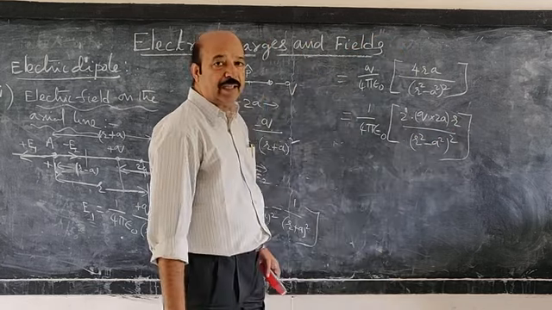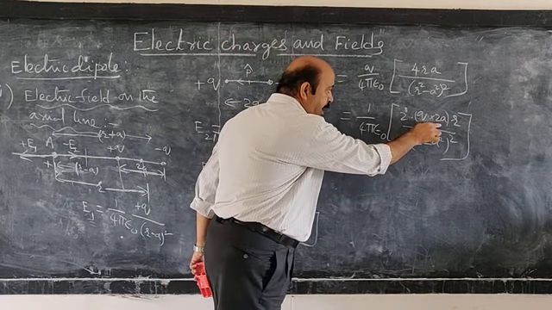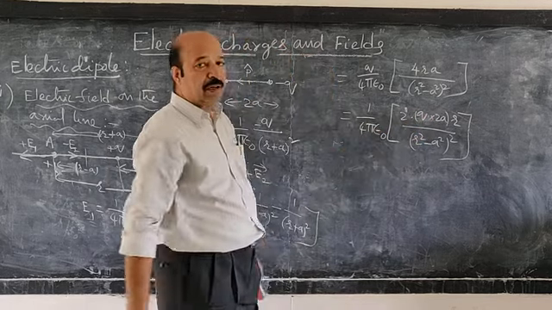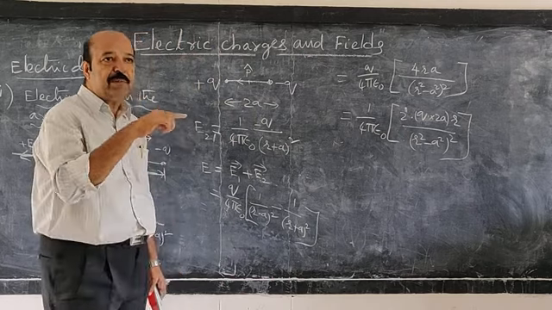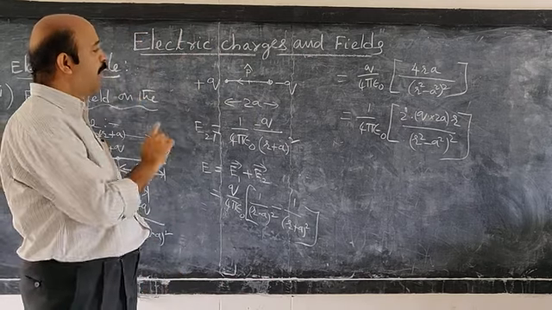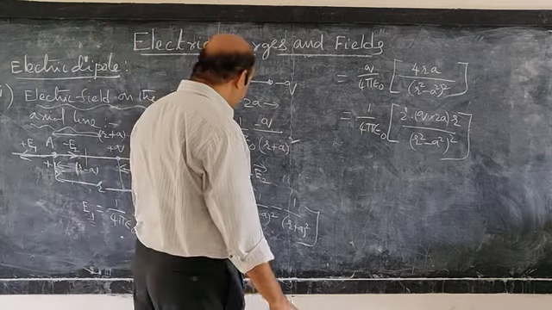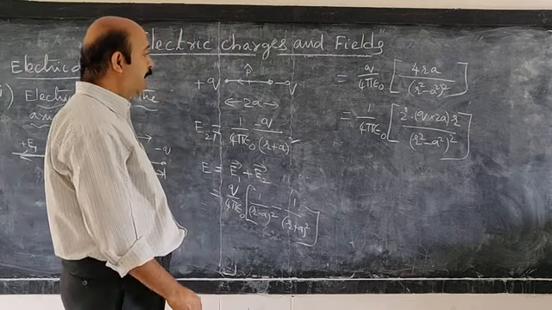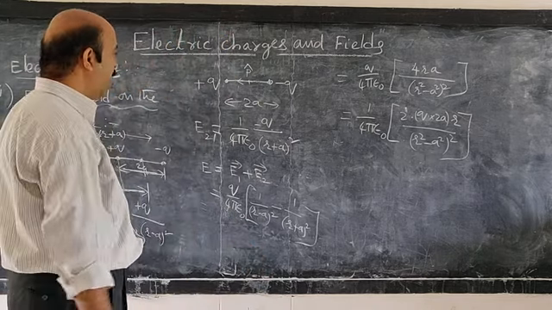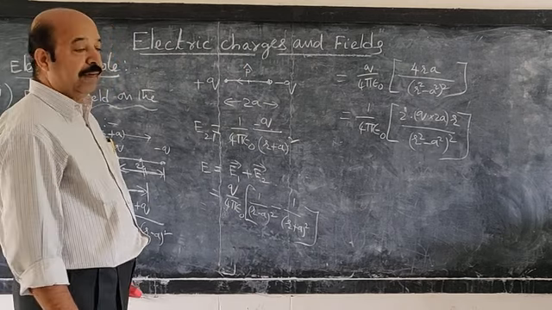Why I am writing like this has a meaning: the product of charge and separation between the charges in case of a dipole is known as dipole moment. And here you have to mention the direction also when you express that in the form of a vector.